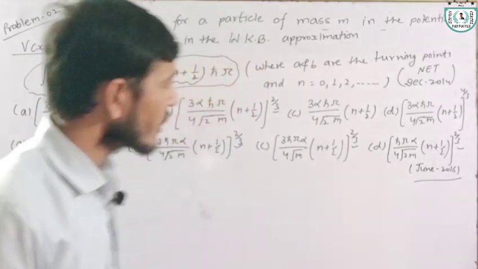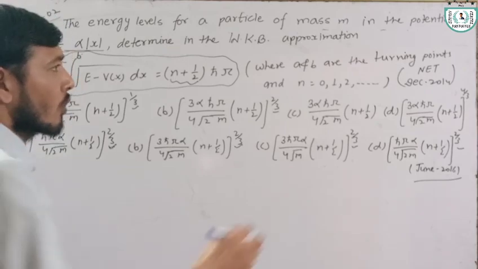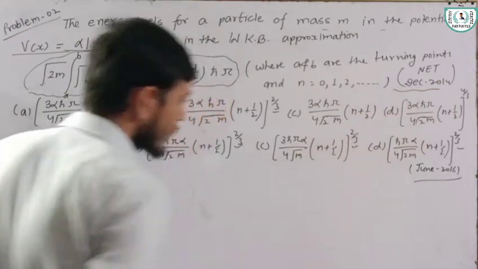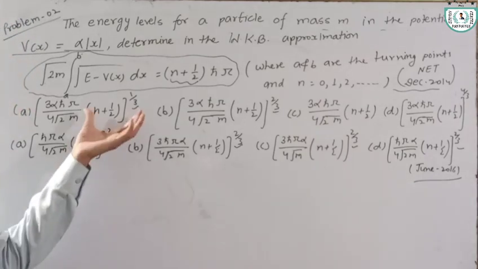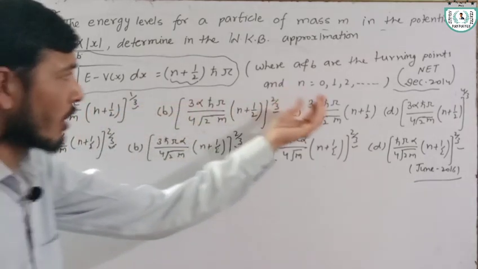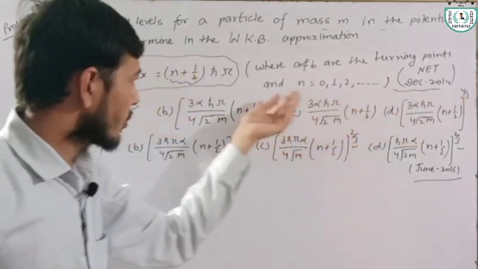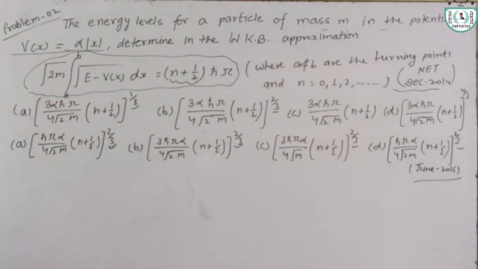Okay. Now first of all we will solve according to December 2014. In December 2014, in every option the powers would be different. According to this we can apply dependency.